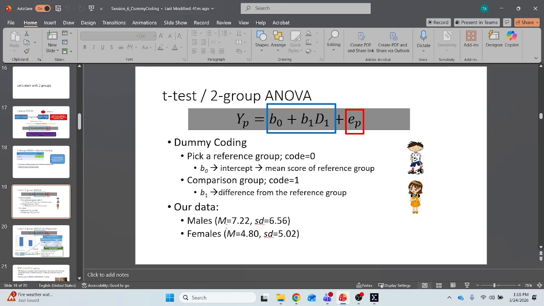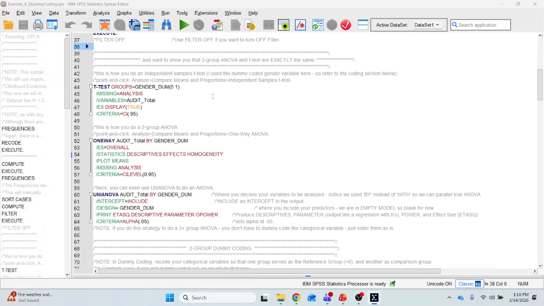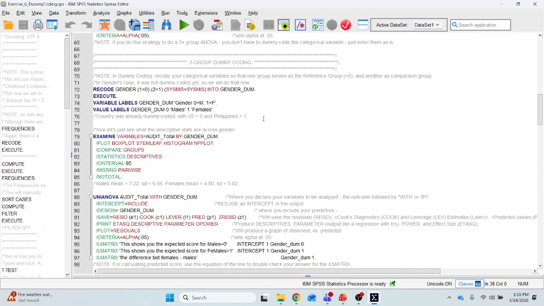The mean score of females is 4.80, right? The question is, are males significantly higher than females? So let's go to this one. This is how that is going to look in SPSS.